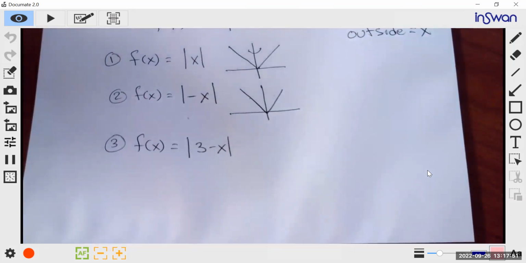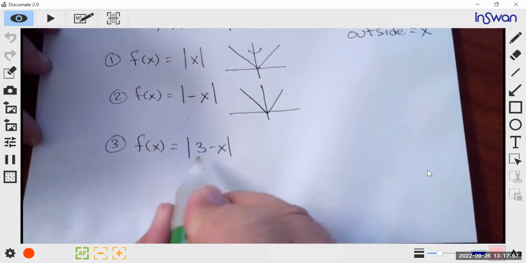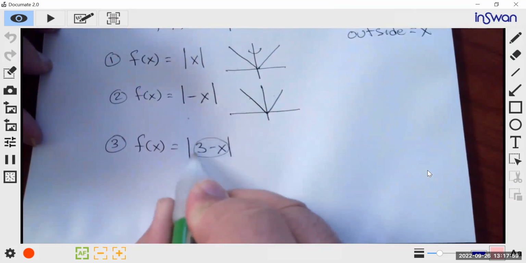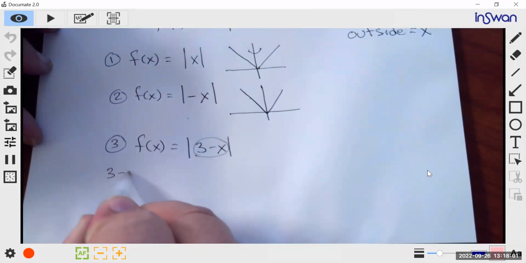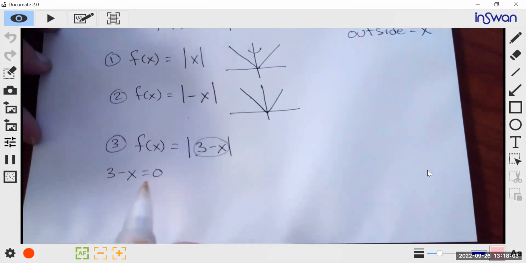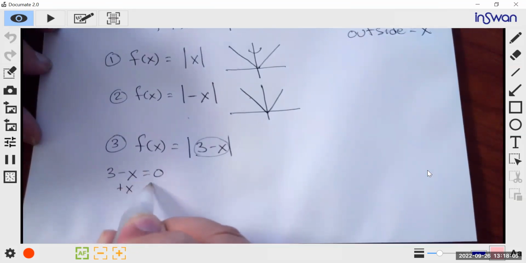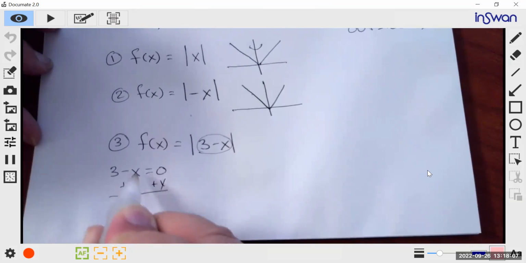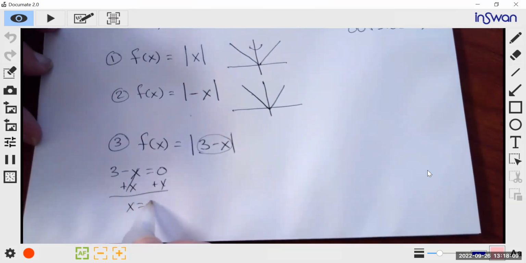Which way? Left, right? Why? Well, let's see. If it's inside, take whatever you have, set it equal to 0. So X is equal to 3. So you're right.